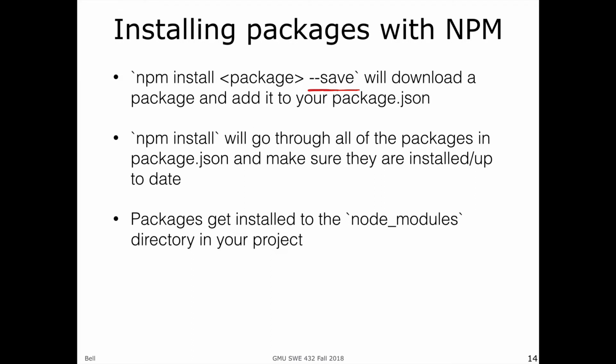So just the npm install part is going to download the package, but then by saying save, it's also going to add to that package.json file, hey, in the future, if someone else tries to install this thing, also give them this package. If we just type npm install without specifying the package, it's going to go through all of the packages in that package.json file, which are the ones that we've defined previously, and just make sure that they're installed or up to date.